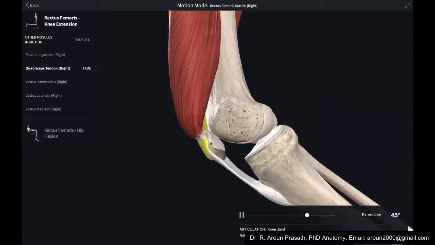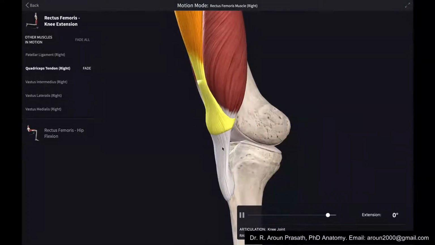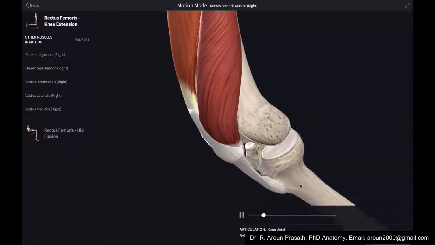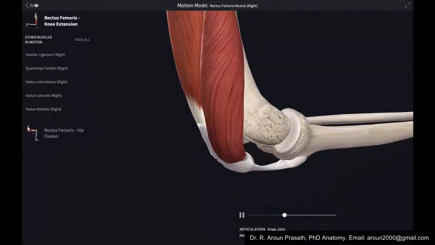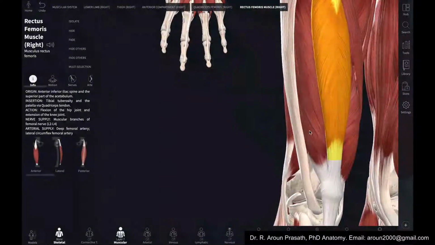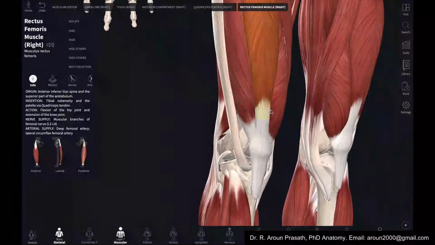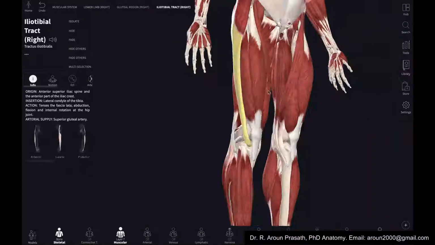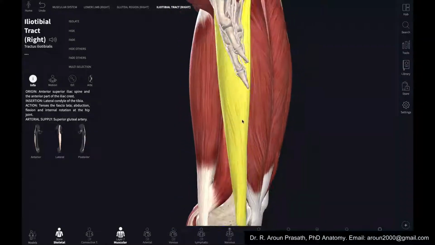So finally this changes into the quadriceps muscle tendon, and it comes and inserts to the tibial tubercle. This is the anterior tibial tubercle. So these are the two movements, flexion and extension. Apart from this, the knee stability is given by this IT band, the iliotibial band.